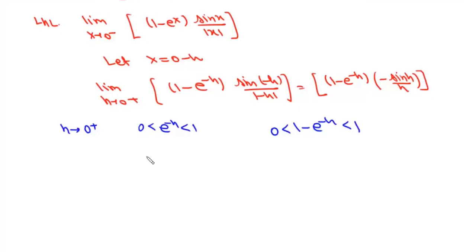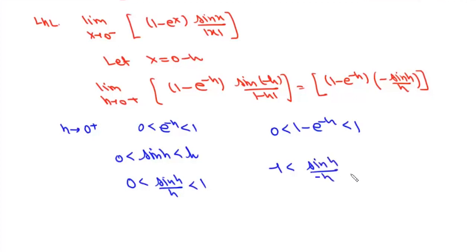In the same way, we know that if h is positive and nearly 0, then sin h is less than h and greater than 0, or we can say sin h upon h will lie between 0 and 1. And we multiply it with minus, then the value of minus sin h upon h will lie between minus 1 and 0. So one of them is positive and one of them is negative, so their product is negative, and both of them lie between 0 and 1.